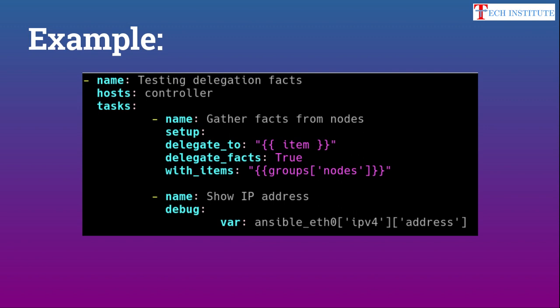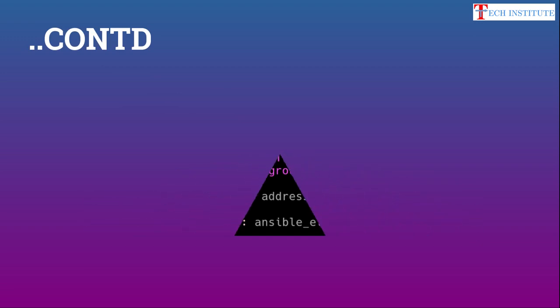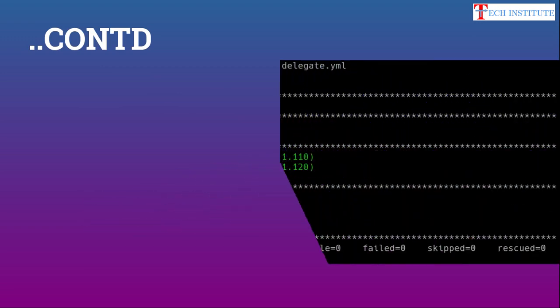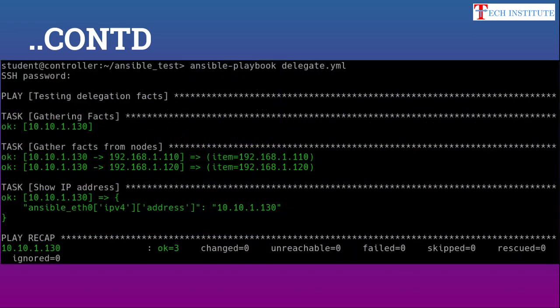Now when you add that, you will see it is gathering the facts for both the nodes, 110 and 120, but when it comes to showing the IP address, it is now showing properly for my controller node, 10.10.1.130, instead of whatever it was showing like 192.168.122 something, right?